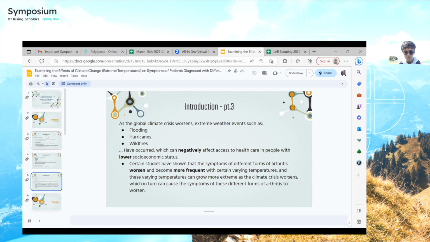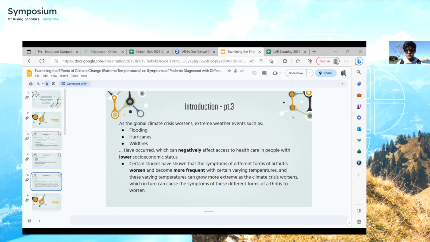I'm sure everyone knows what climate change is and the huge effects of the climate crisis. There's flooding, hurricanes, wildfires, and also a severe increase in weather extremes. There's much colder weather in some places, and in the majority of places, a lot hotter weather, especially earlier in the year than expected. As a result, these can negatively affect access to healthcare in people with lower socioeconomic status, and it can severely affect people with these different forms of arthritis.